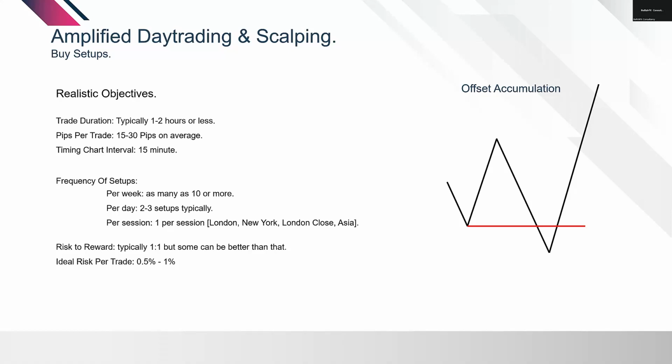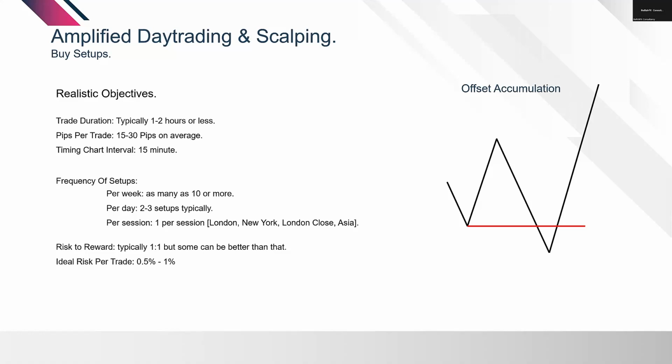directional bias. So when you're looking for long trades, your day trades or scalping positions, the realistic objectives you have to know are these. Your trade duration is typically going to be 1 to 2 hours or less because you're scalping. Pips per trade, you're looking at 15 to 30 pips on average.